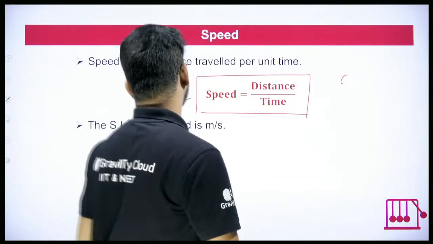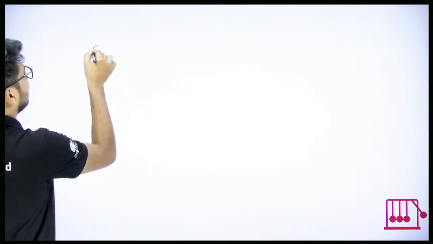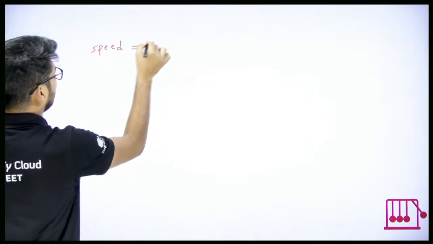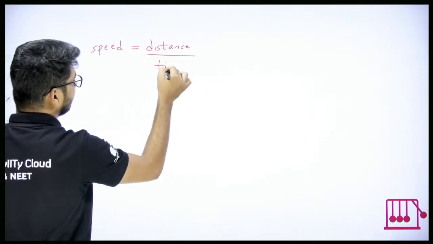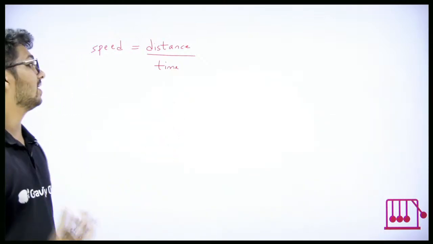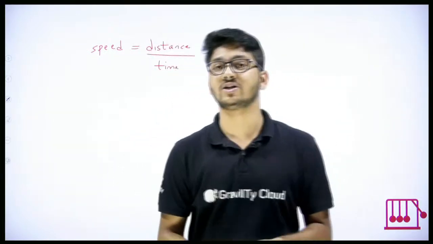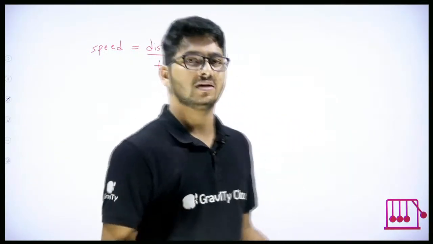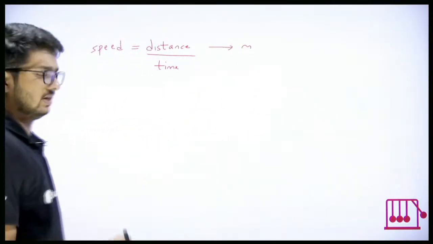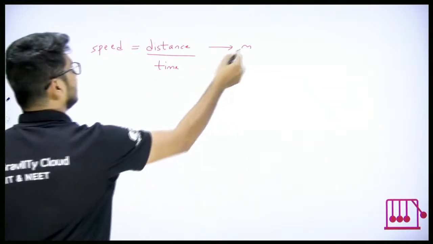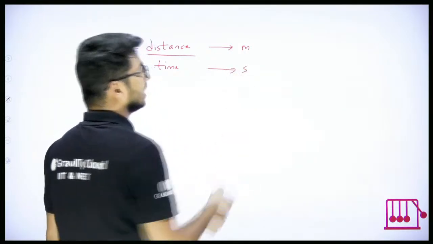Clear? Now what is the SI unit of speed? Look at this. When we say speed is equal to distance by time, what is the SI unit of distance? Distance is nothing but length, right? So for distance or for length, the SI unit is meter. Good. And for time it is second.